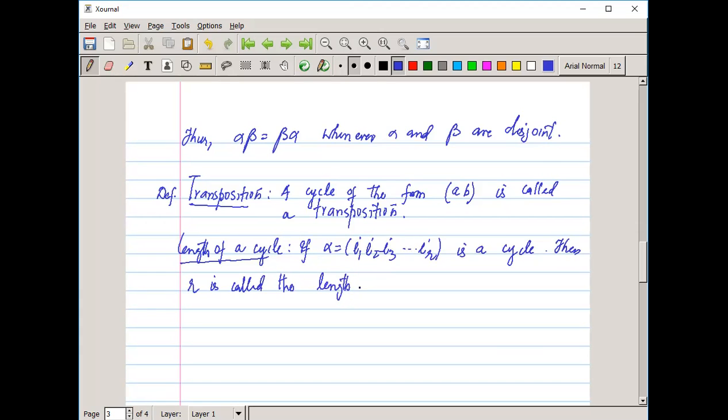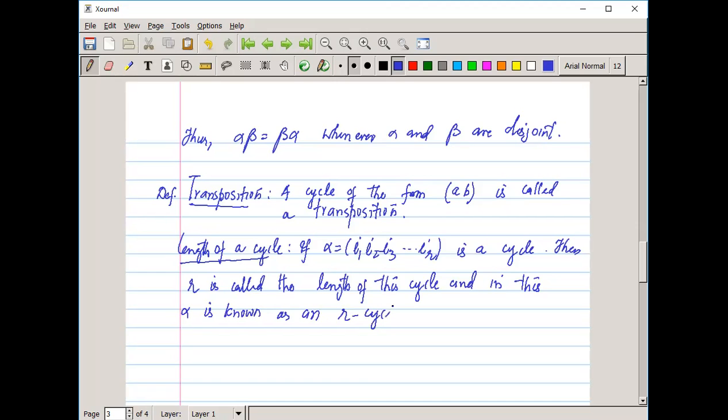Length of this cycle. And also in this case, alpha is also known as an R cycle.